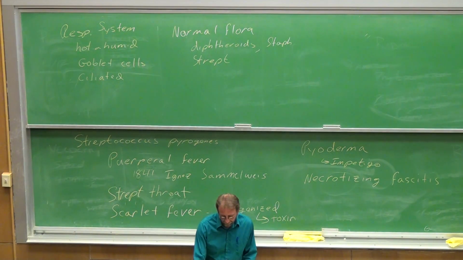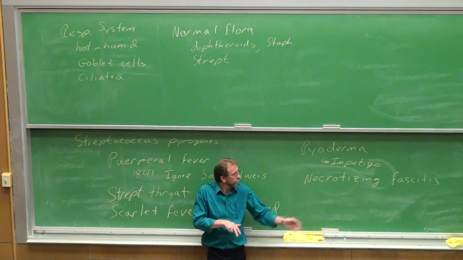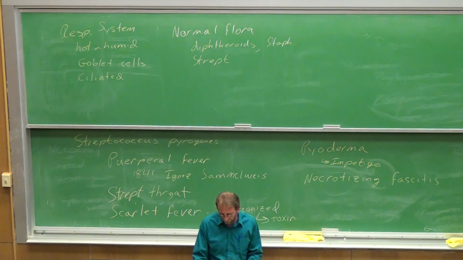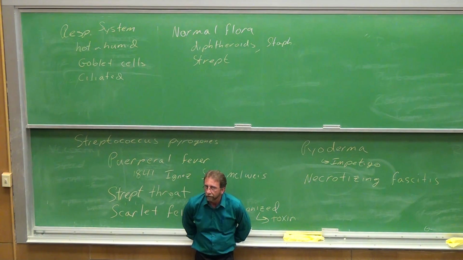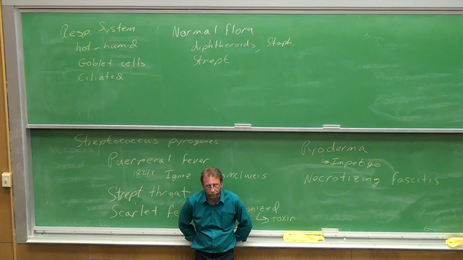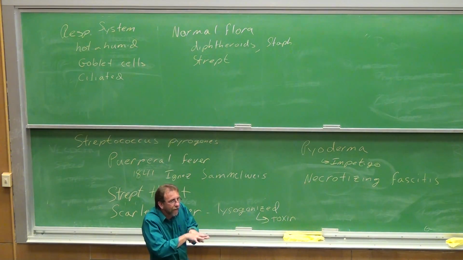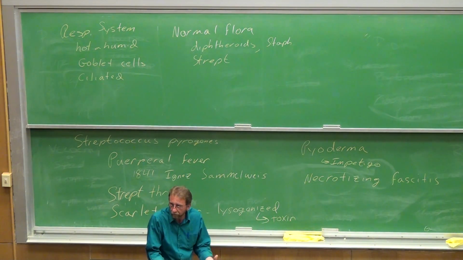In this case, the microbe grows along the fascia and, if you will, destroys the muscle tissue. It secretes an enzyme that destroys the muscle tissue. So the bacteria spread down along the fascia of the muscle. The fascia is that connective tissue that surrounds the muscle fibers.